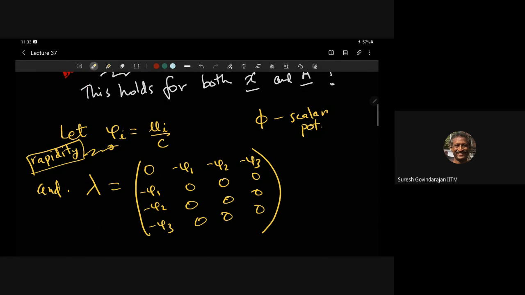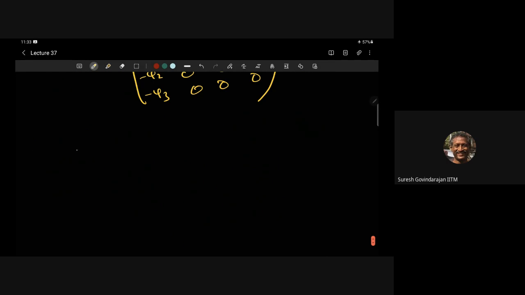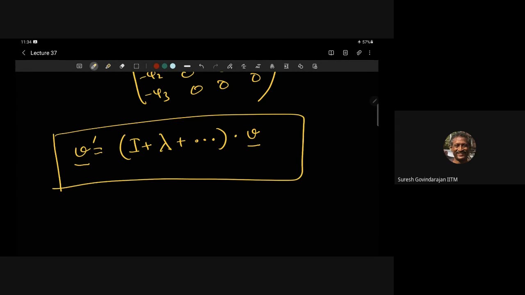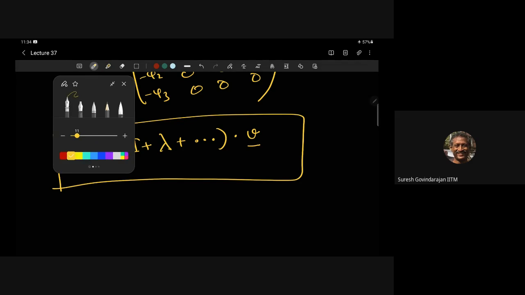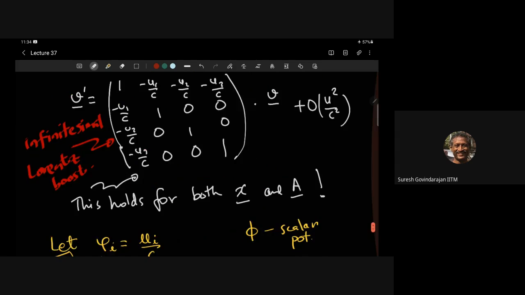Now once I have this, you can see that V prime equal to identity plus lambda plus there are corrections. I have simplified it to write it in a short form. Is this okay? It's the same formula which we had here.